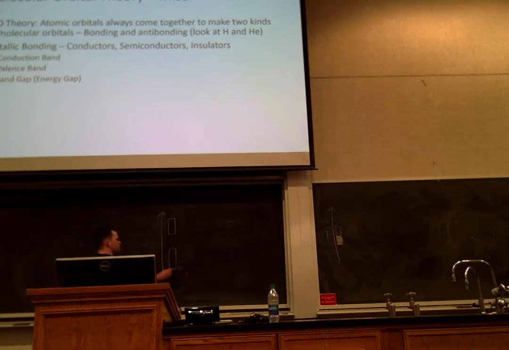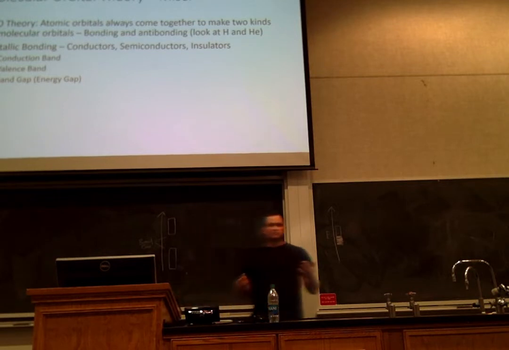These are all filled with electrons. These are all unfilled. So this is an insulator. We call this the band gap. If this is an energy diagram, it takes quite a bit of energy to excite this electron into these empty molecular orbitals, which is what makes that an insulator.